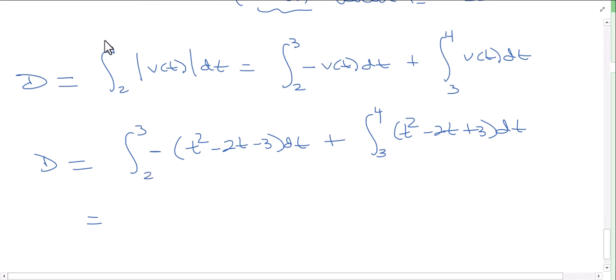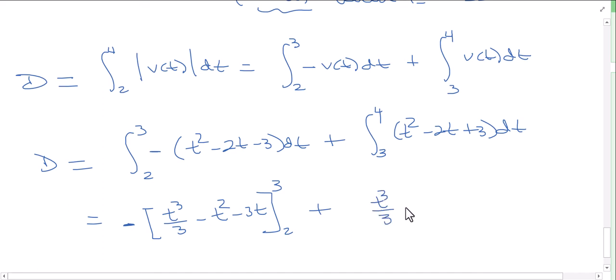I'm not going to distribute the negative until the very end; it's up to you. I'm going to leave the negative out here and take the antiderivative. So t cubed over 3, we already did this antiderivative in the displacement problem, from 2 to 3, and then plus t cubed over 3 minus t squared. Oops, that should have been a minus 3 there.